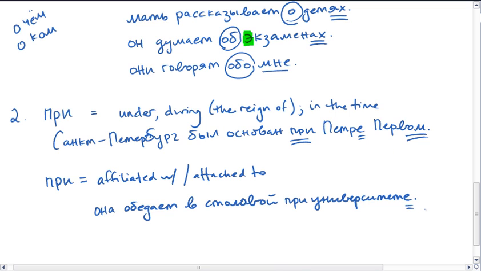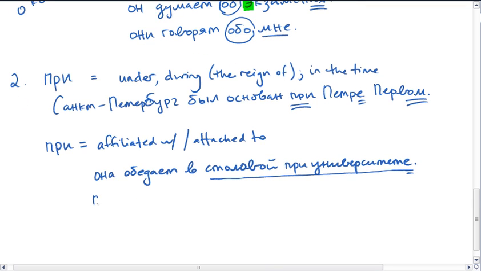So if you were to translate this, you don't really need to translate при as a separate word. You would just use it to say like university cafeteria or university canteen. Or if you go to the movie theaters, you know, there's someone there to take your ticket.